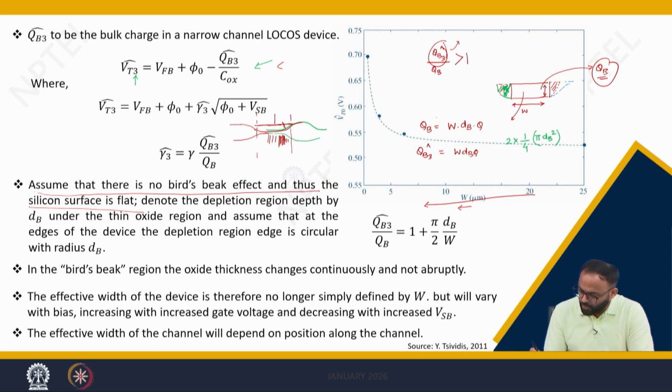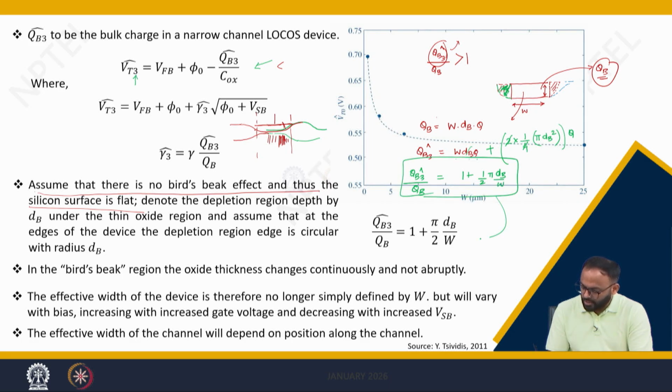So ultimately the overall charge you will get as W into dB into Q plus 2 into 1/4 into pi dB square into Q. Now if you calculate the ratio of these charges, then you will end up with QB3 cap by QB equals 1 plus, this 2 and this 4 get cancelled, ultimately you will get 1/2 pi, this dB and dB will get cancelled, dB by W.